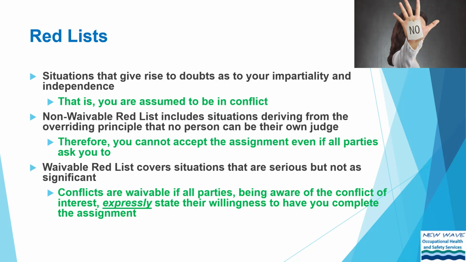The second red list is the waivable red list. This covers situations that are serious, but not as significant as the non-waivable list. In these cases, conflicts can be accepted if all parties, being aware of the conflict of interest, expressly state their willingness to have you complete the assignment.